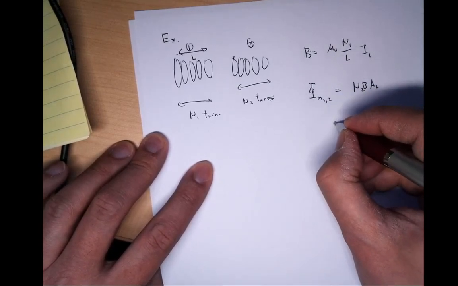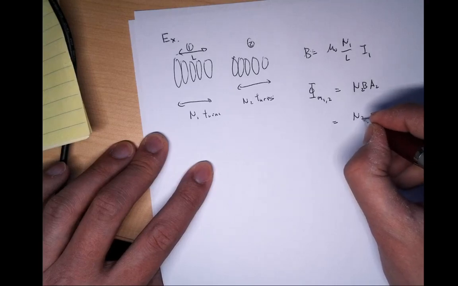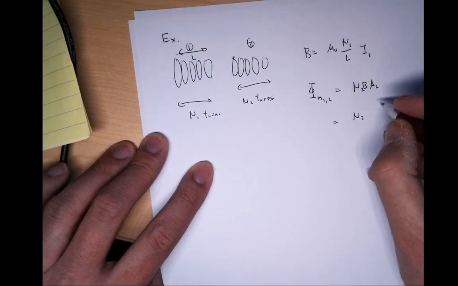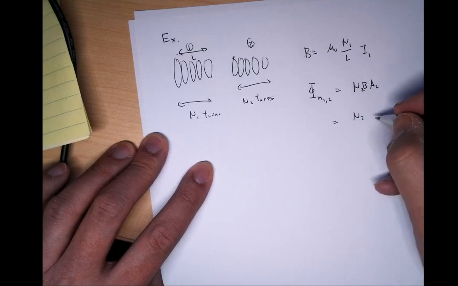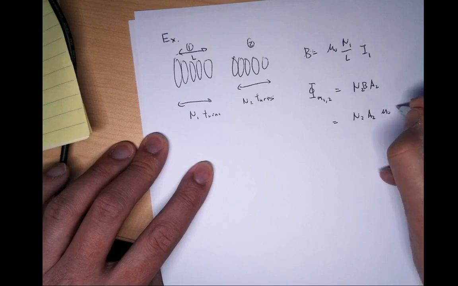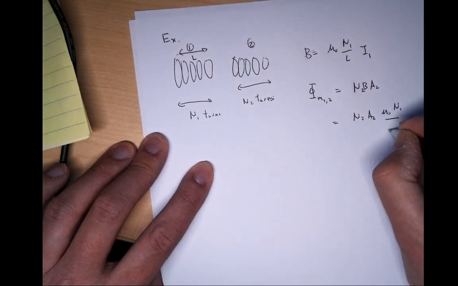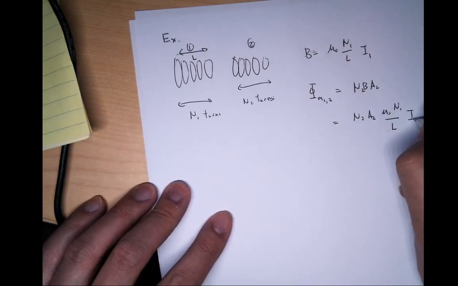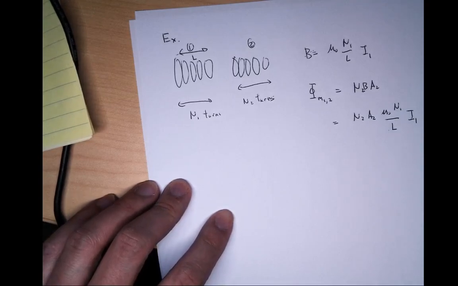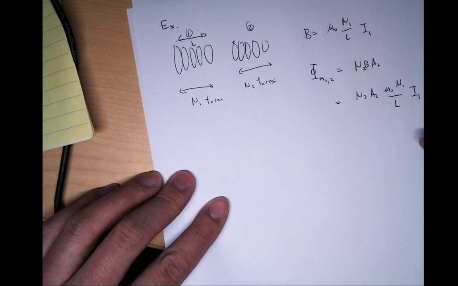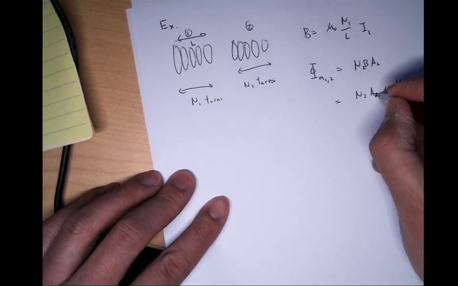So this is going to be equal to N2 A2 mu 0 N1 over L times I1, right? Now we're going to say the area is the same, so just call it A here.